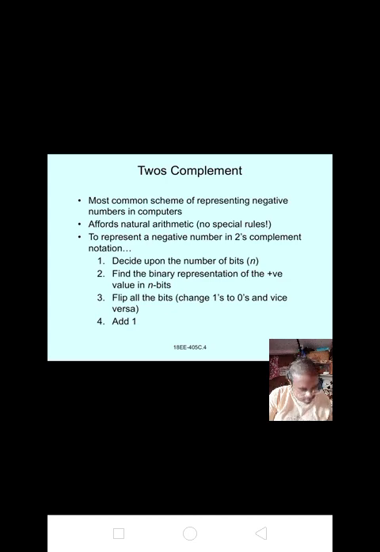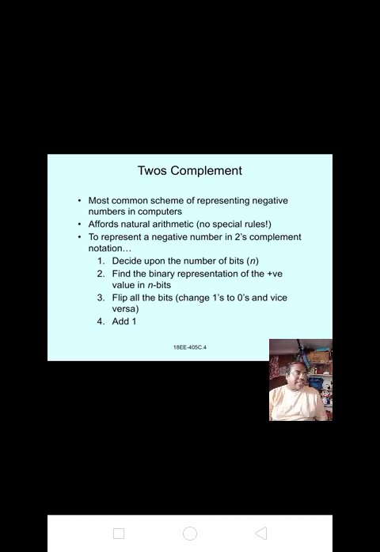Now we add 1 to the LSB. Add it here only. 1 plus 1 is 0, carry 1. Here 0 plus 1 is 1. So 0 1 0 1 0. It is the answer. Simple.